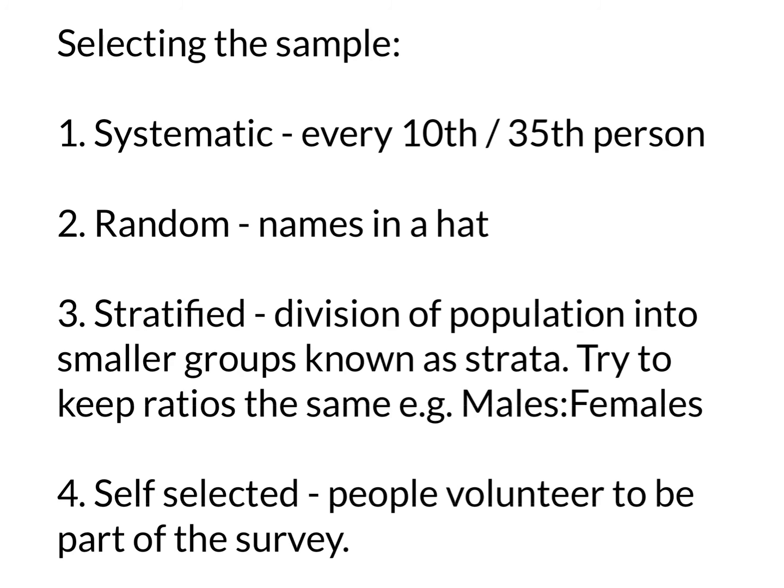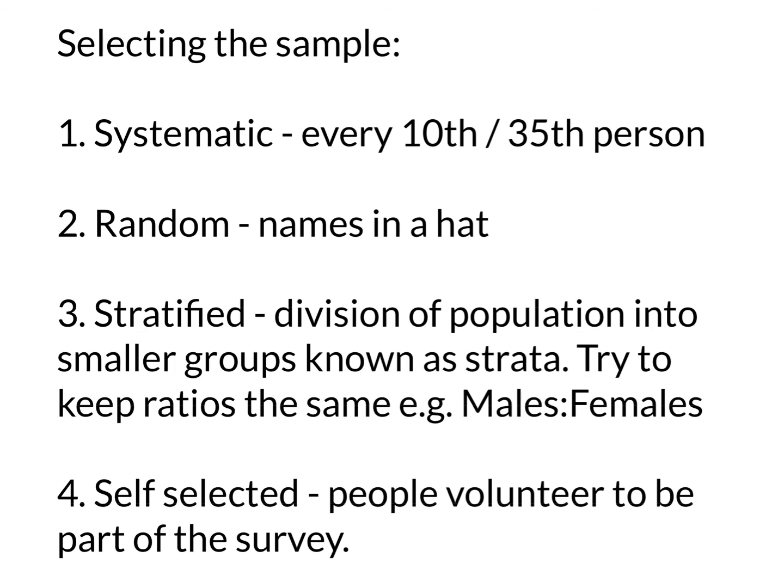So that's like choosing every 10th person or every 35th person, or in a production line, you might be producing 10,000 screws in a day and you decide to test every 100th. So that's systematic. Random, well, that's as simple as like names in a hat, or even a random number generator when they make phone calls to people. It's random. You don't know who's going to be chosen.